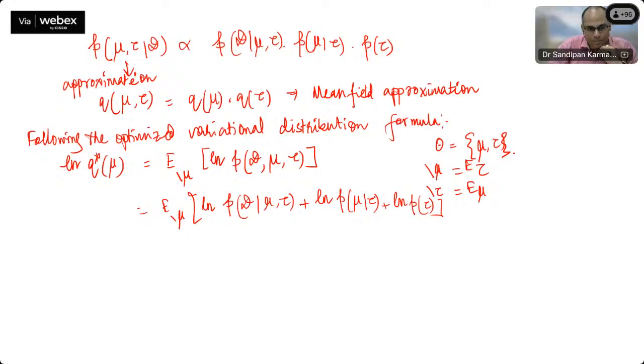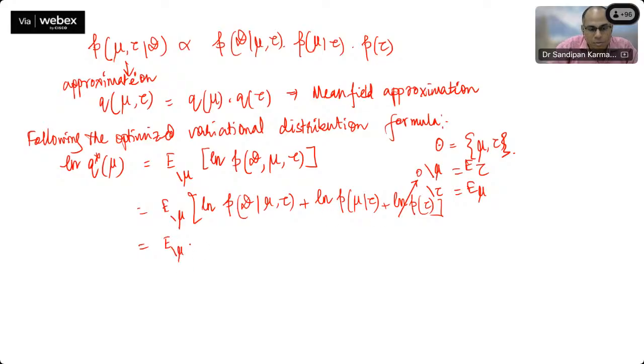I have to look at which variable I am finding the posterior for, that is mu, and find which probability distributions are a function of mu. If it is not a function of mu, we omit it. Here P of tau does not involve mu, so we ignore it. It will be a constant.